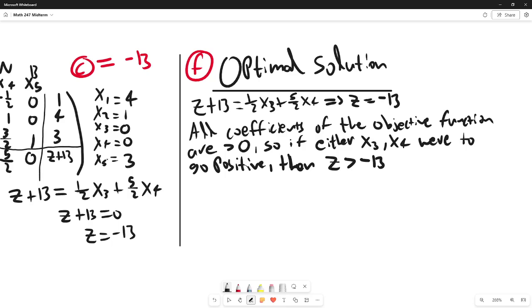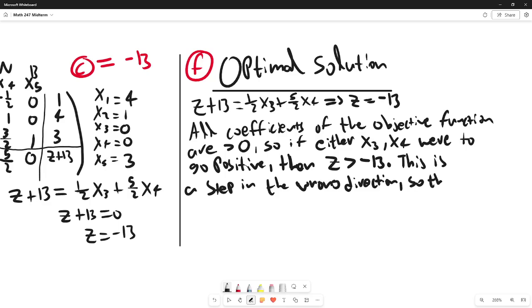We don't want to increase. So you could put this is a step in the wrong direction.